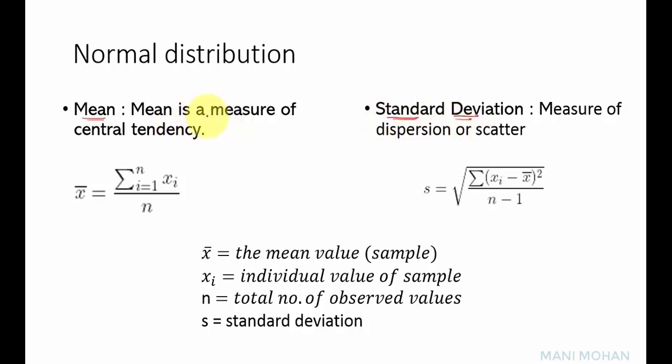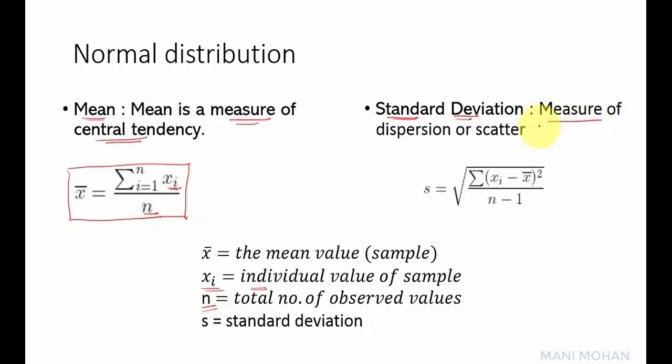Mean is a measure of central tendency, or the tendency of getting grouped about a central value, and is defined by the formula x bar equals the summation of individual values of the sample divided by the total number of observed values. Next is standard deviation.